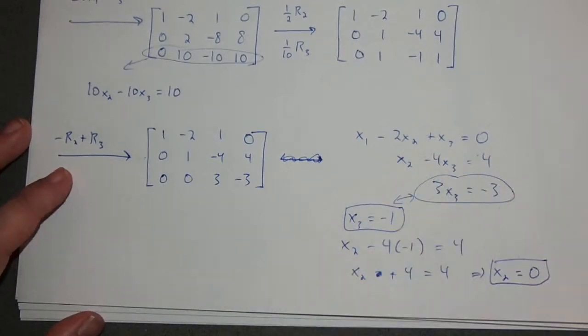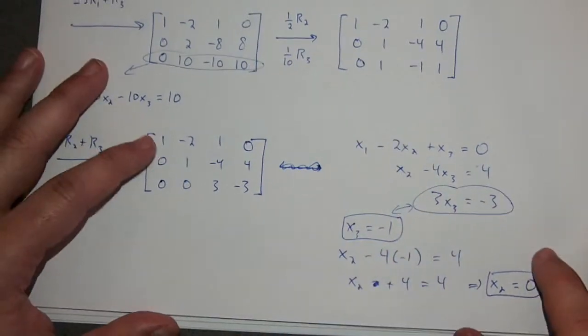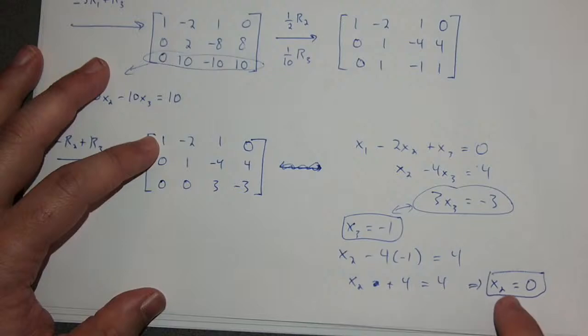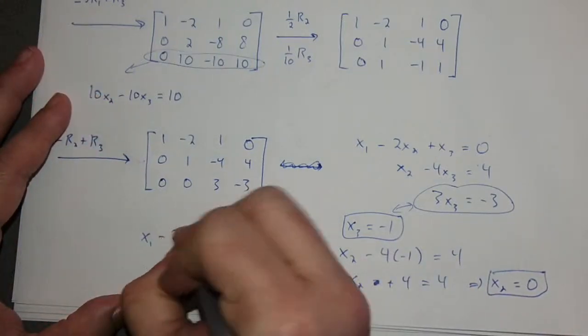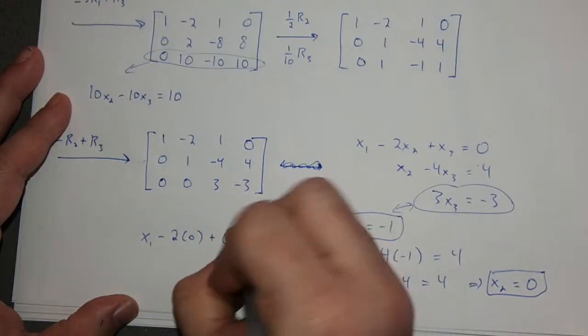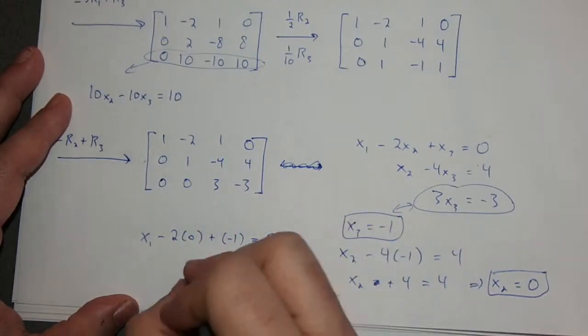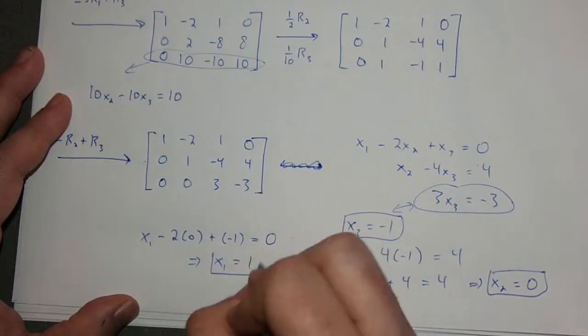And then we can use the first equation here to find x sub 1. So x sub 1 minus 2 times 0 plus minus 1 is equal to 0. But this means that x sub 1 is equal to 1.